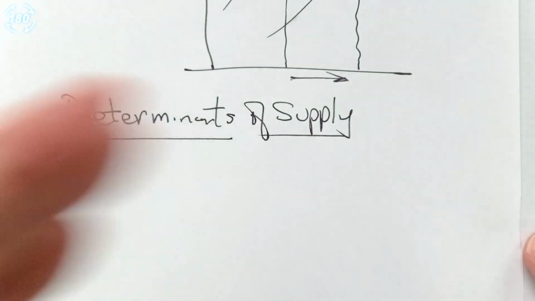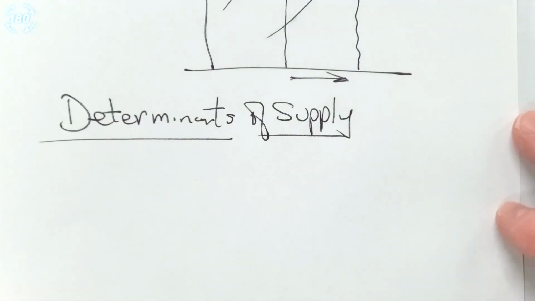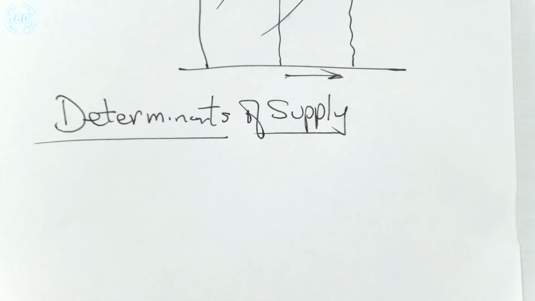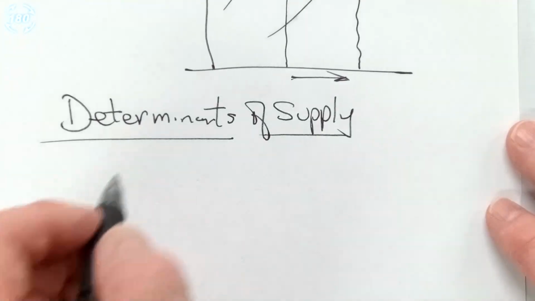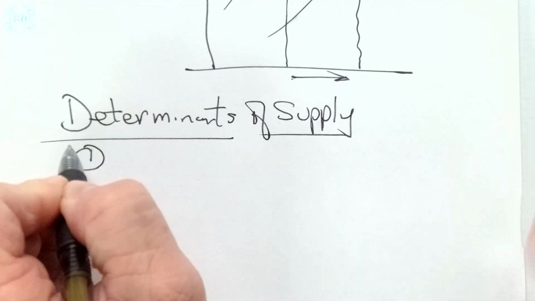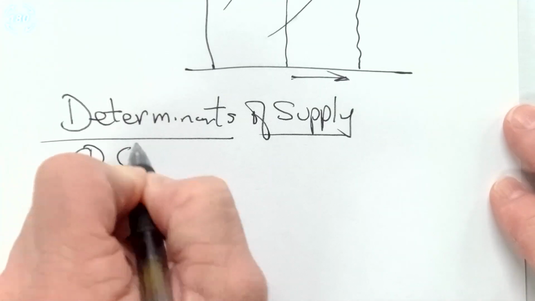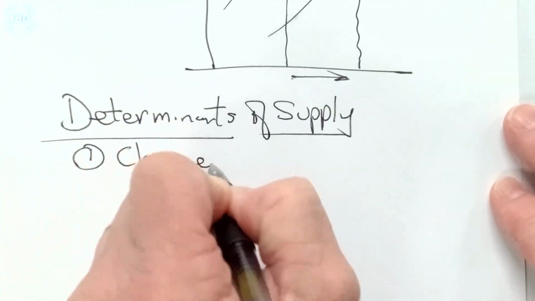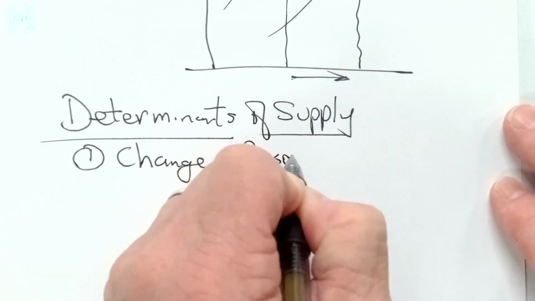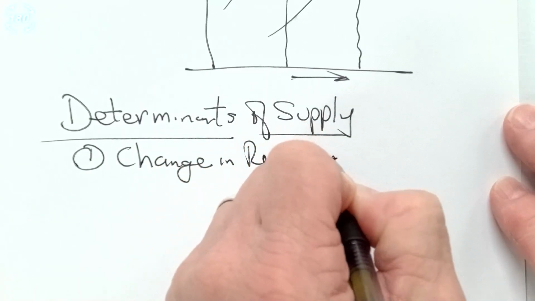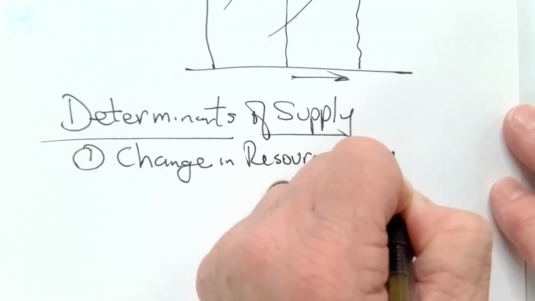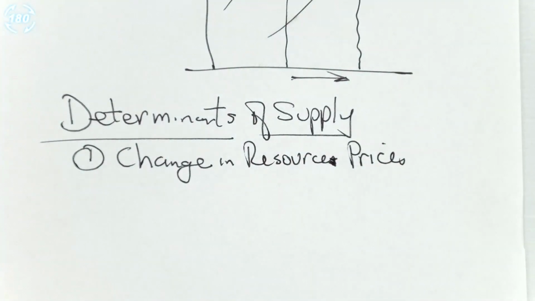And so just like we talked about change in buyers and so forth for determining the position of the demand, you have determinants for position of supply, like change in resource prices. Okay, so think about home building for a minute.